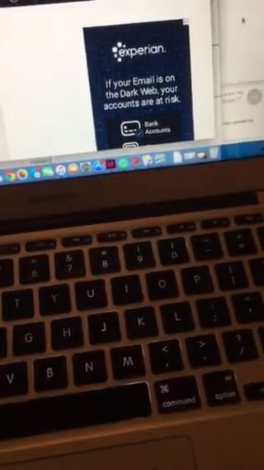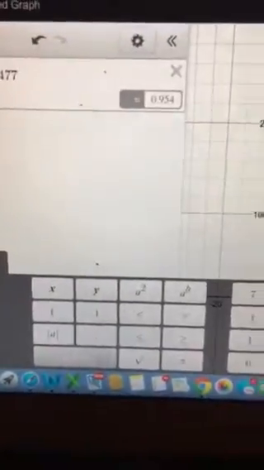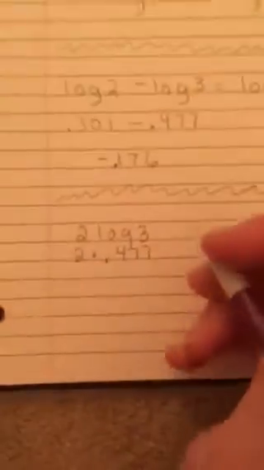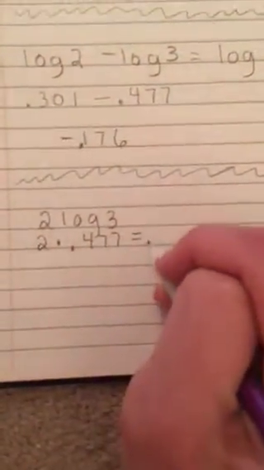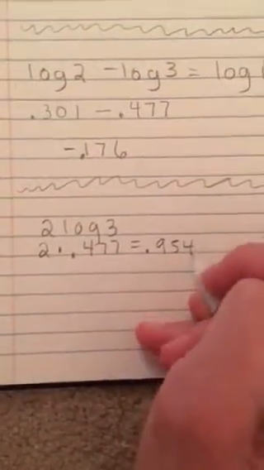Let's go back to our calculator. Oh, we can use Desmos. 2 times 0.477 is equal to 0.954. So this is equal to 0.954.